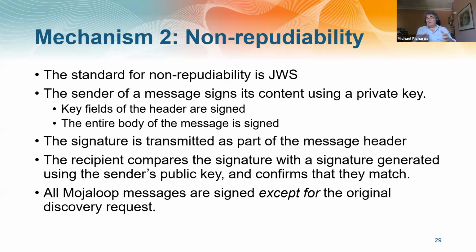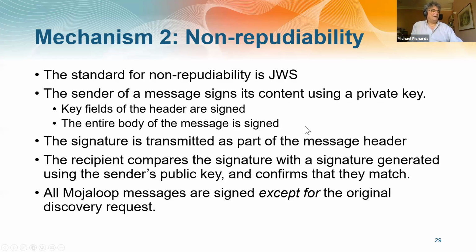And since the sender didn't know that at the time, that will have to be added later on. So a request for discovery is not signed for non-repudiability. Essentially, anybody who can join the network can send that request. You don't need to know where it comes from.